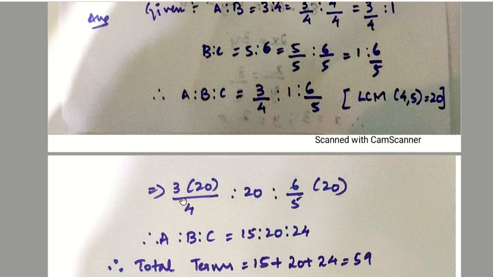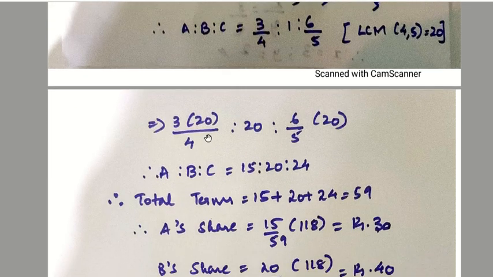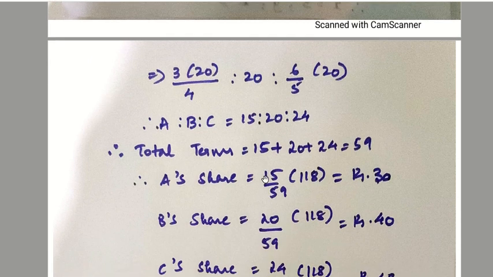So 3 by 4 into 20 is 15, 1 into 20 is 20, and 6 by 5 into 20: 5 fours are 20, 6 fours are 24. Therefore 15 is to 20 is to 24.